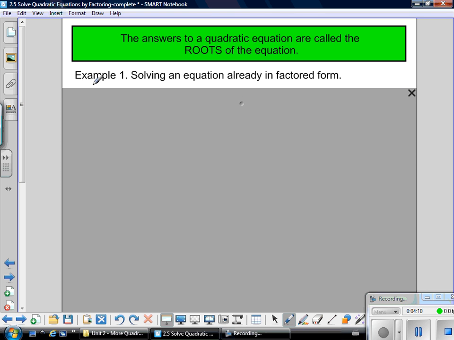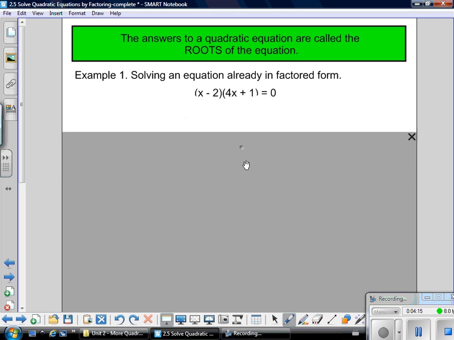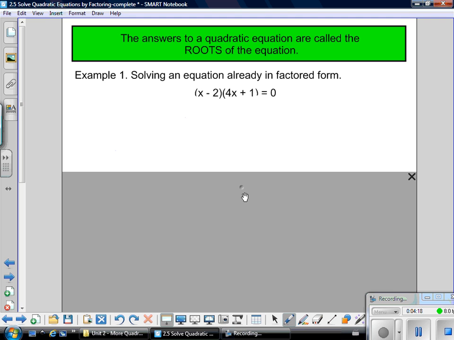First example: solve an equation that's already in factored form. Again, someone has factored it for us, and so we have our two factors. We already know that either this bracket equals 0 or this bracket equals 0. So we're going to set both brackets equal to 0 and solve for x. The first one, x minus 2 equals 0, so we add 2 to both sides and end up with x equals 2.